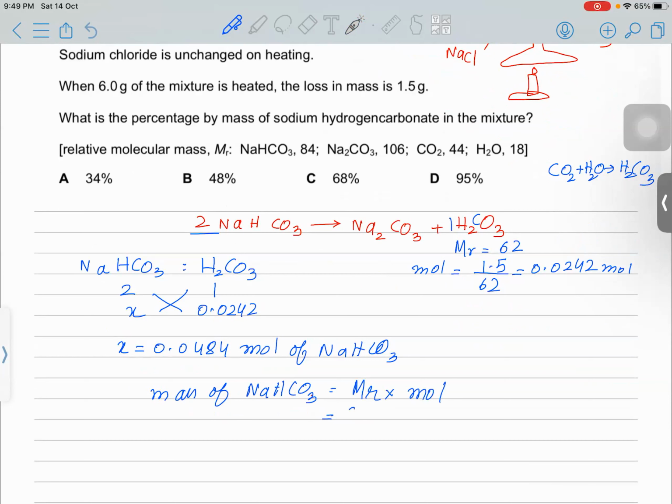Mr is 84, which is given. Mole is 0.0484. Yes. Sir, it's 4.0656. 4.065 or 66 gram.